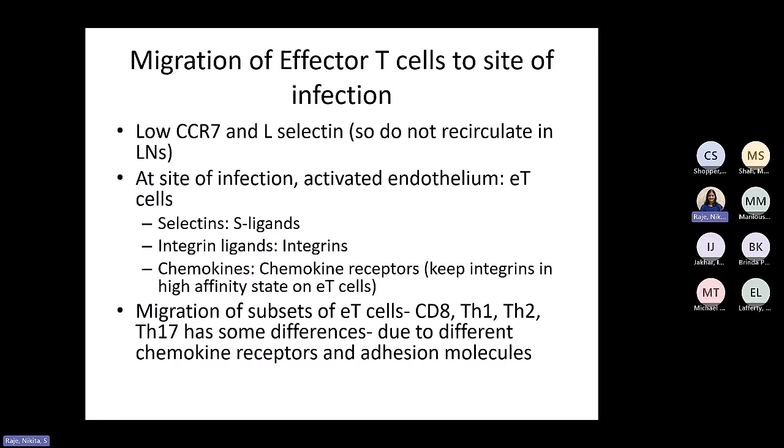They can go to the tissues. And the activated endothelium will express particular ligands that will attract these effector T cells. Effector T cells have selectins interacting with their ligands, integrins interacting with integrin ligands, and then some particular chemokine receptors that are important for effector T cells to enter the infected tissue.